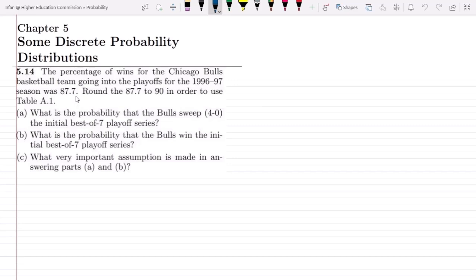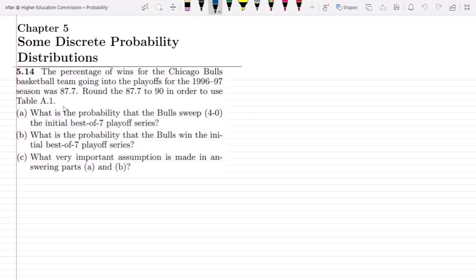So this is question 5.14, and the statement of it is: the percentage of wins for the Chicago Bulls basketball team going into the playoffs for the 1996-97 season was 87.7. So this is the probability of winning. Round the 87.7 to 90 in order to use table A.1, which is given in your book.